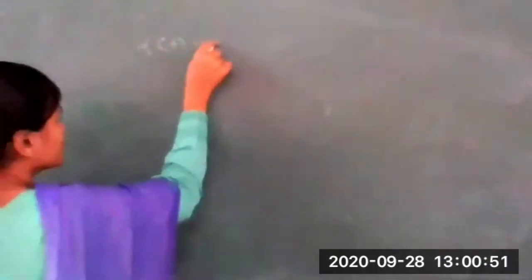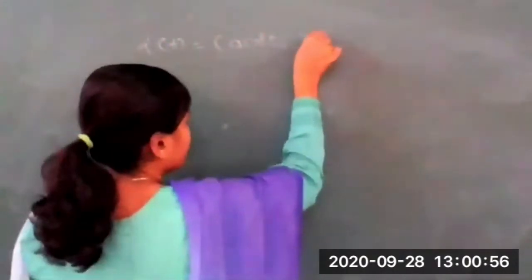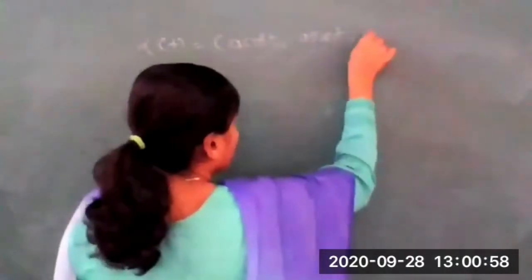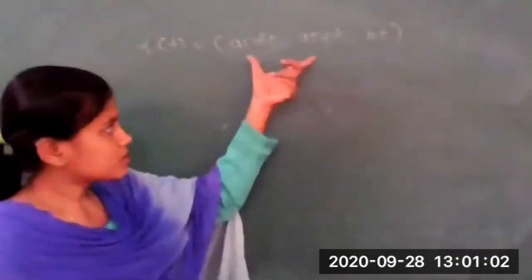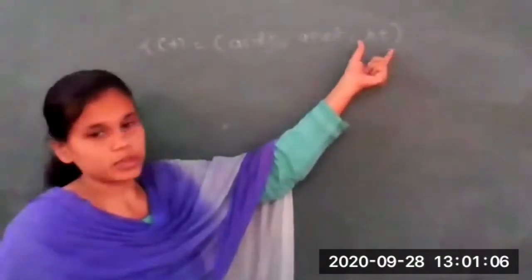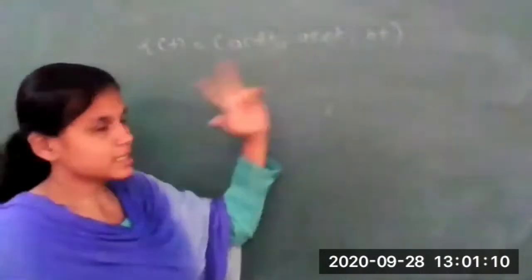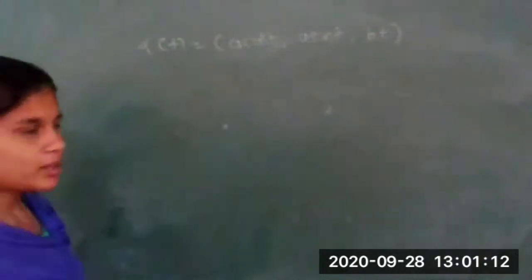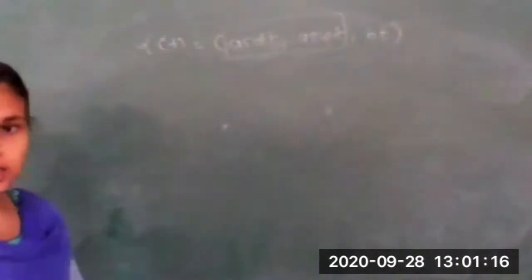We were discussing alpha of t equal to a cos t, a sin t, and b t. Now, if we are not much worried about the third term bt, and we have only a cos t, a sin t, you can say directly this will be the equation of a circle.